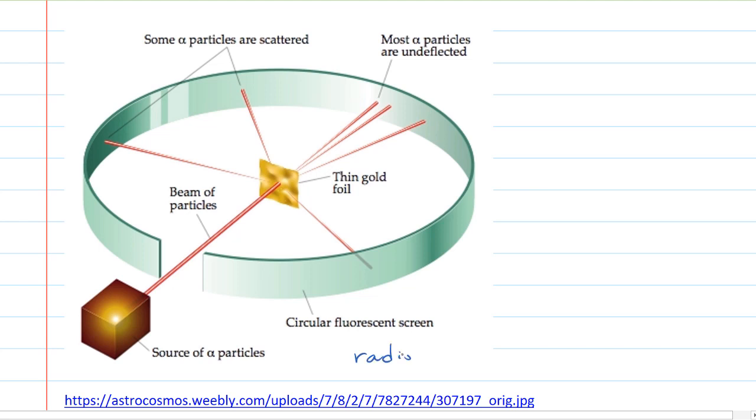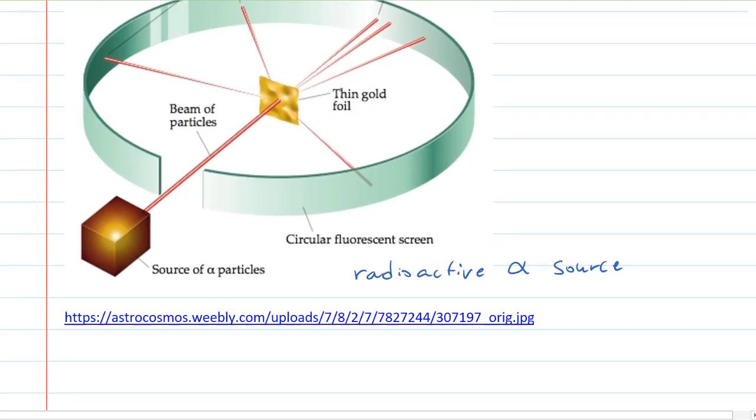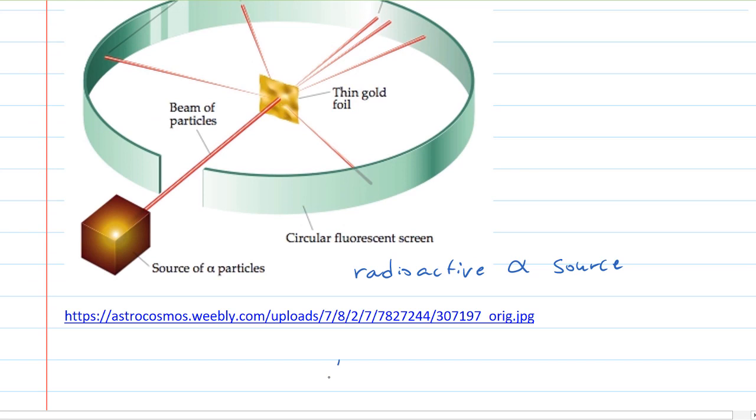And we'll say it's a radioactive alpha source. And what's important to know about the fact that it's an alpha source is that alpha particles are relatively heavy, positively charged particles.